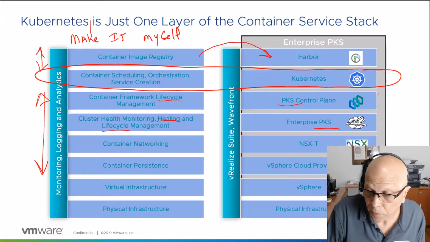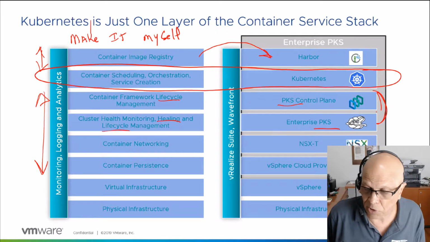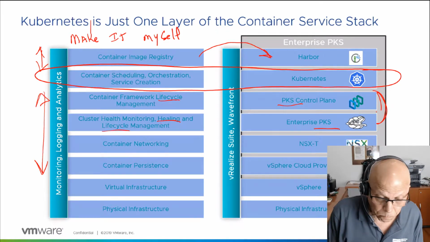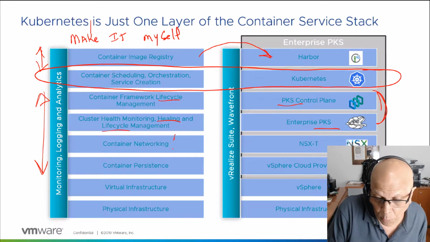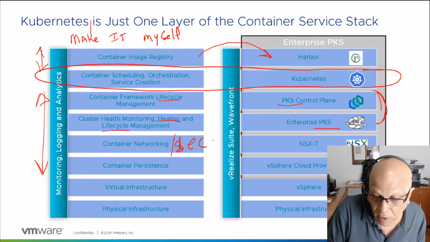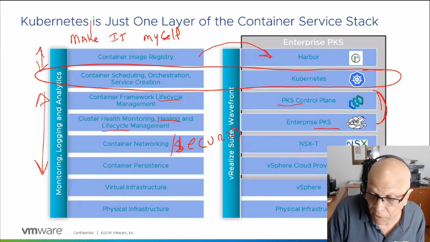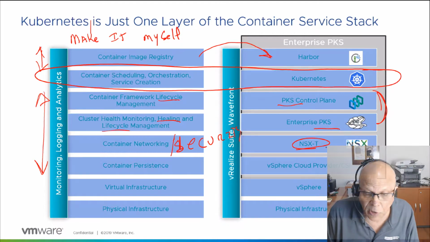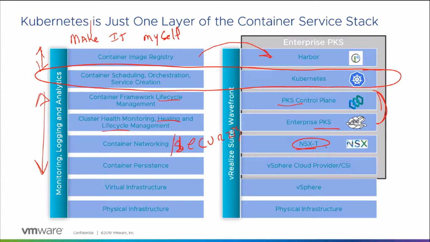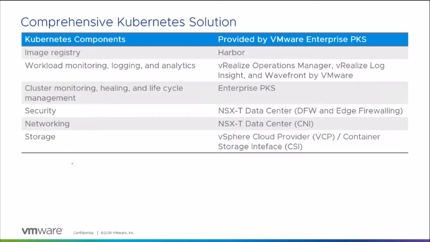That's where PKS is going to control that. When we look at networking and security, you've got both of them to deal with. This is where NSX-T is going to come into play. How do we do the persistency of our storage? That's where we're going to use the VCP, which is our vSphere Cloud Provider. So we've already talked about these, so let's dig in a little bit more on each one, okay?